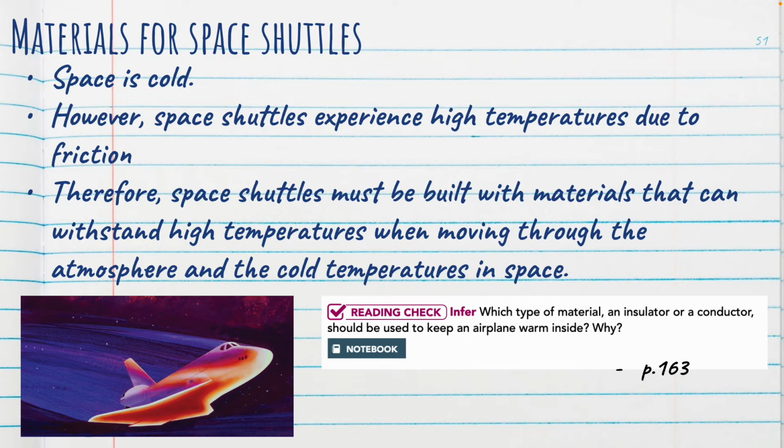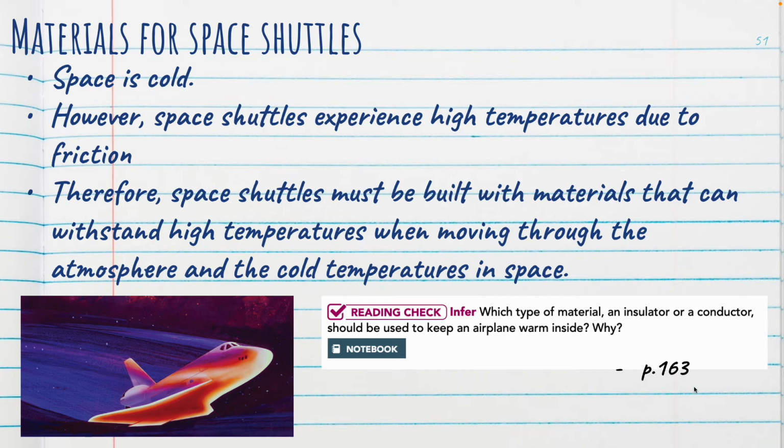As those air molecules rub against the space shuttle, it reaches really high temperatures. So if you're building a space shuttle, you have to have materials that can withstand really high temperatures as they move through Earth's atmosphere. But then once they get into space, they have to withstand really cold temperatures. It's interesting how they build space shuttles to handle those two ends of the spectrum for temperature.